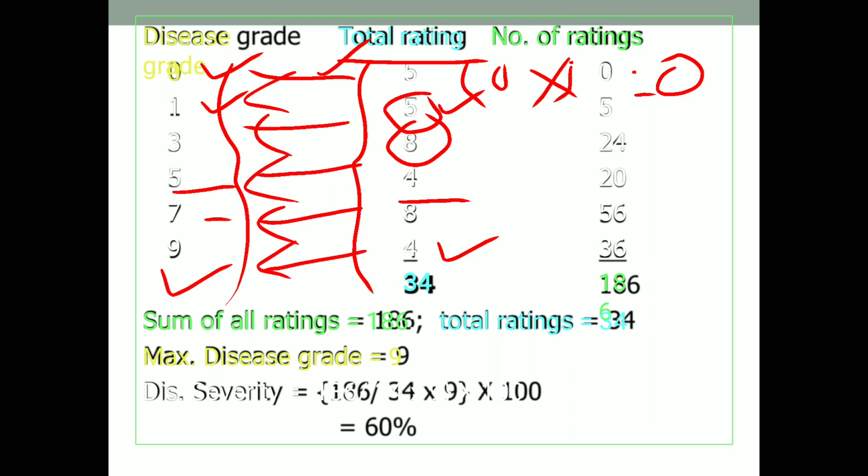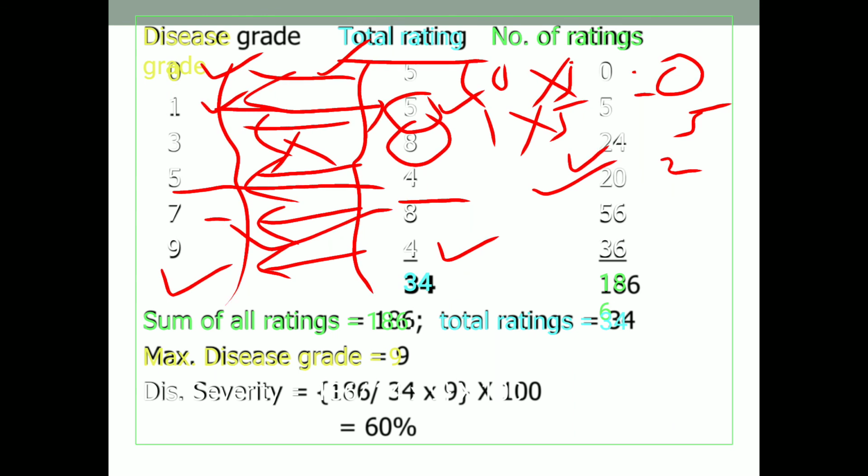Then 1 into 5, grade 1 and total rating 5, gives 5. Then 3 into 8 gives 24. Then 5 into 4 is 20. 7 into 8 is 56. 9 into 4 is 36. So these are the numbers of ratings.